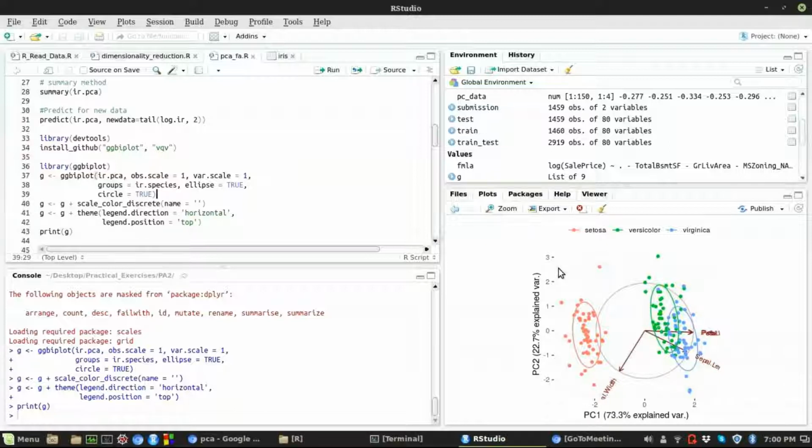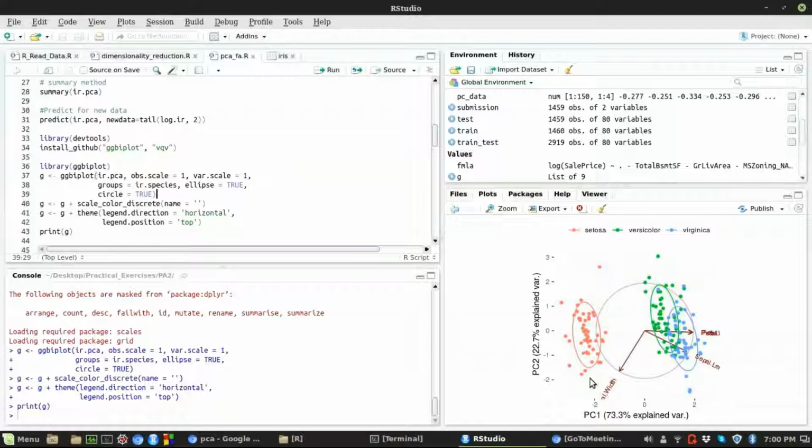So in the PC1, PC2 space, what are the original variables? Basically, these are the four. Sepal width, sorry, sepal length and petal width, along with petal length, are almost sitting in the same direction in PC1, PC2 space.